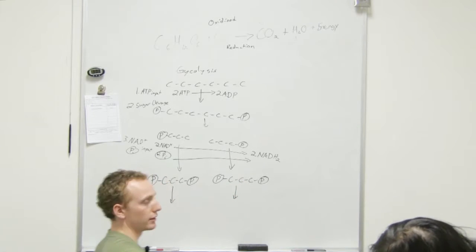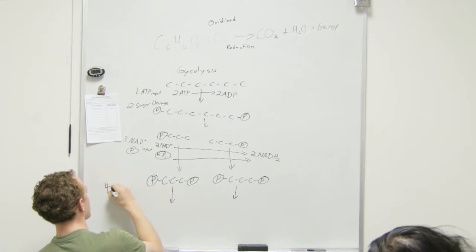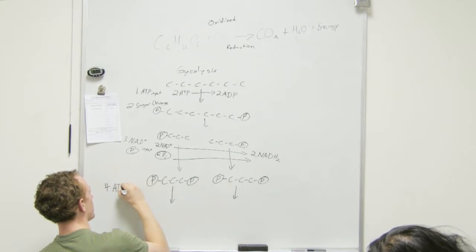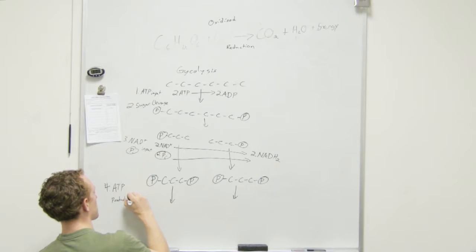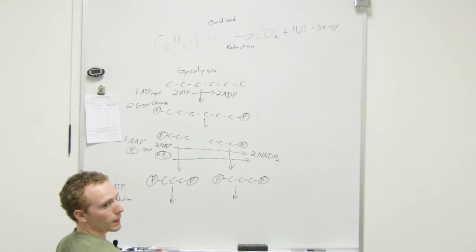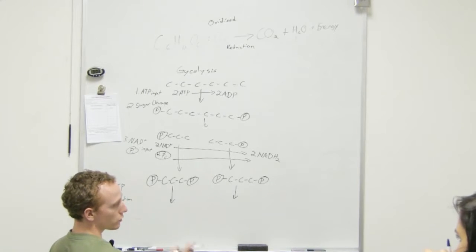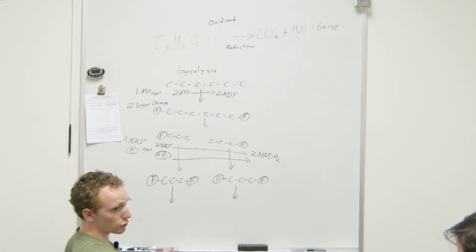Okay. Now is going to be the payoff phase. So ATP production. And does it do this until it gets 36 ATP, or is it doing this simultaneously? So this process is only going to give us a net of 2 ATP.